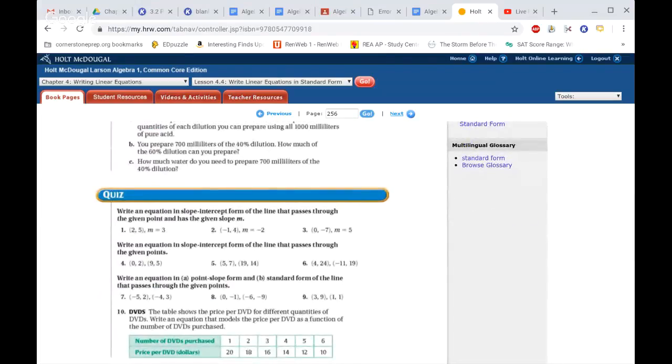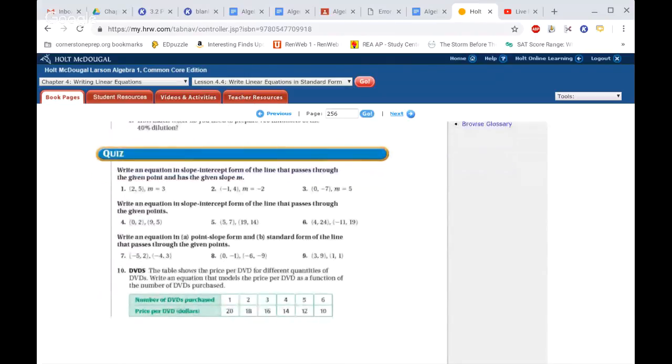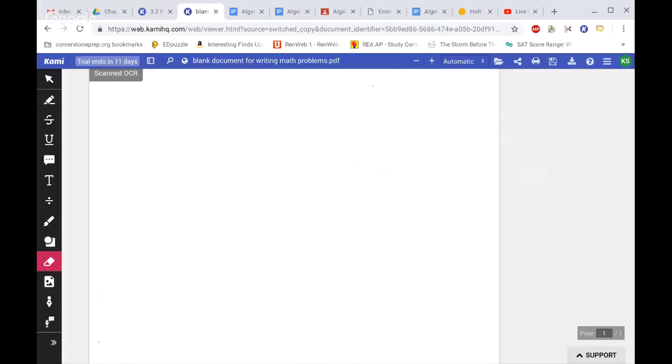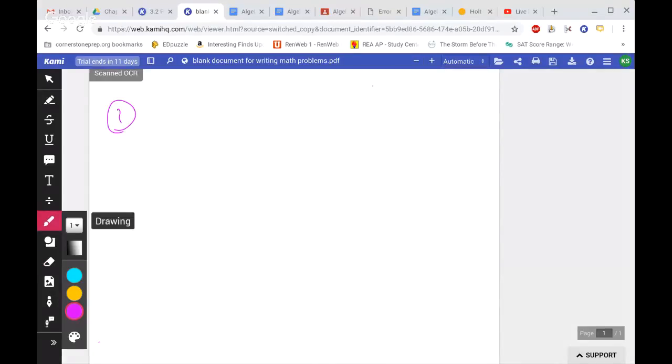Okay, number 1 says to write an equation in slope-intercept form of the line that passes through the given point and has the given slope m. The point is (2, 5), and m equals 3.